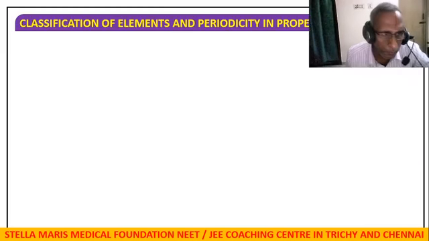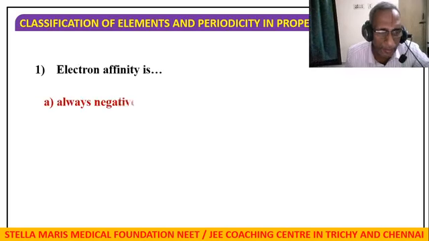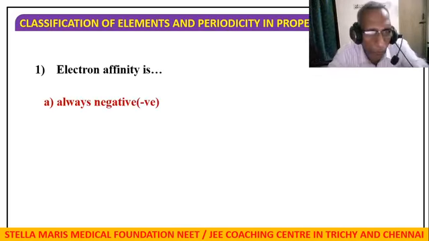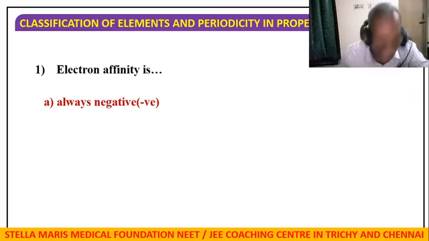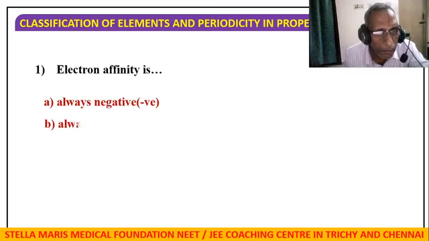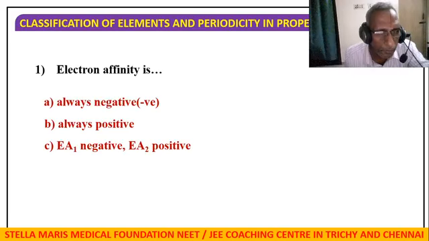Now, let us check what we have understood in today's class. What is electron affinity? Is it always negative, always positive? EA1 negative, EA2 positive.